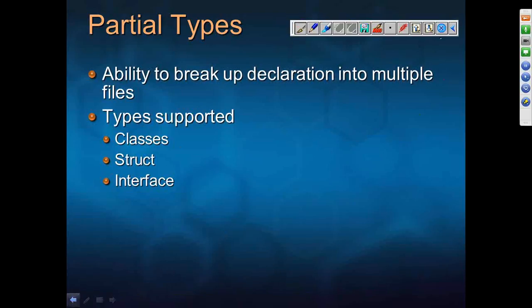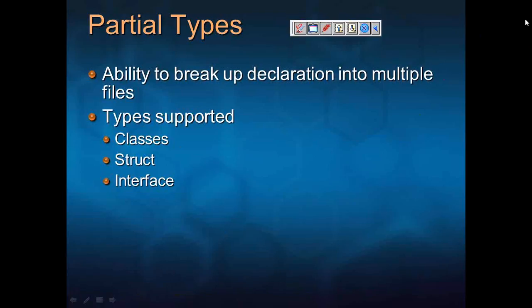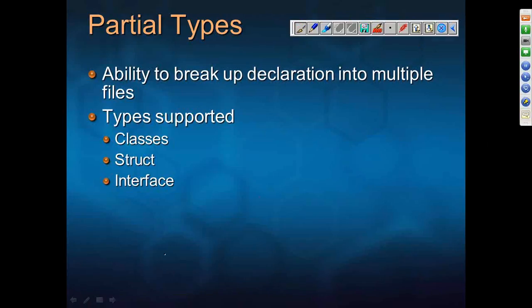Okay. Partial types. Anyone has any idea what partial type is? Partial type is you can break up a type, it can be a class, structure, or interface, into multiple files.